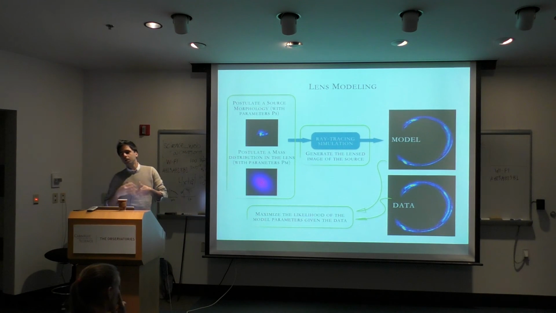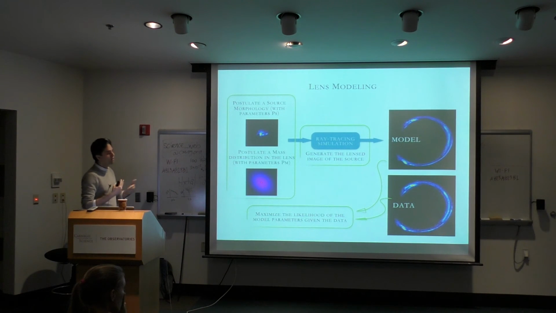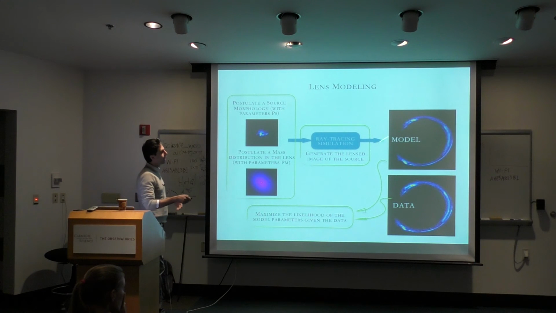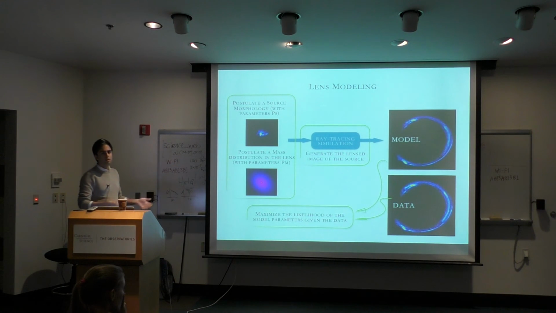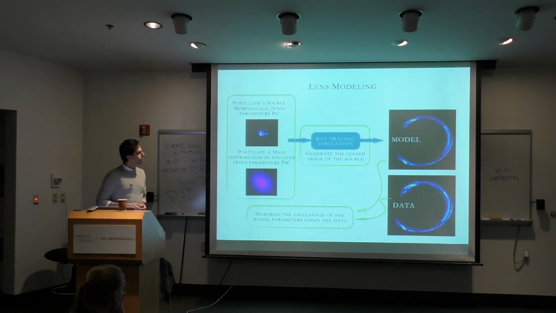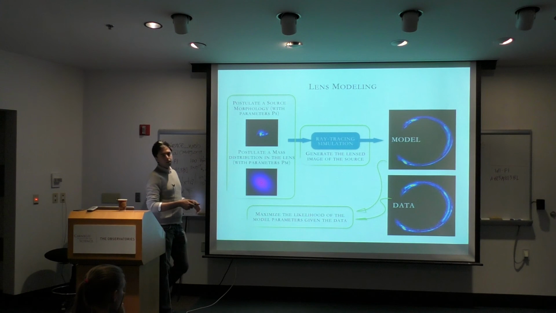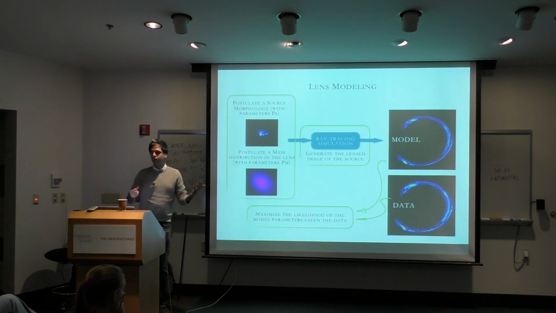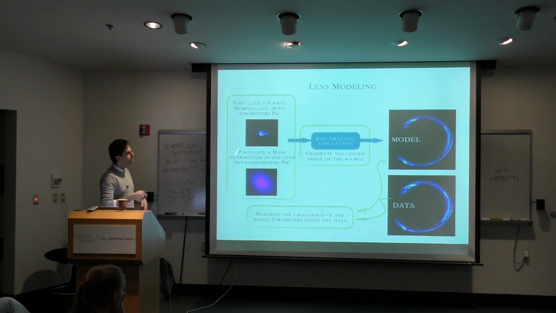Then we have some new parameters like PSF issues or pixelation, and we can add those. Then basically we have a noiseless, perfect version of our data. And using a maximum likelihood method, we can map out the probability of our model parameters given the data.